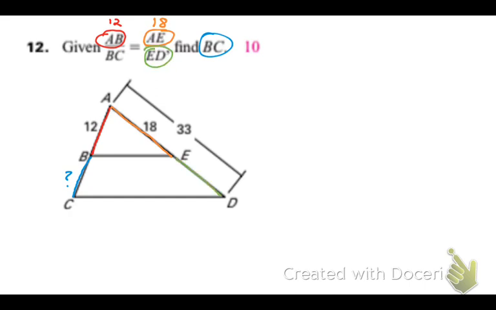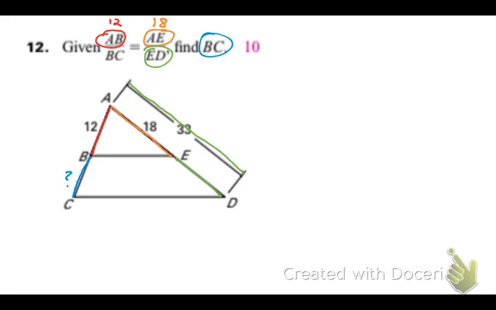Here's ED, but we don't know what ED is. But we do know what this whole length is. That's 33, and we know what the AE part is, so we can subtract and find out what ED is.